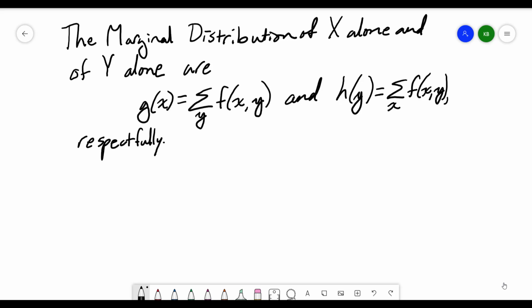So, if I want to know the marginal distribution of x alone, what I'm going to do is take the sum over all the possible y values, given that fixed x value, of my joint probability distribution, f of xy. And similarly, if I care about y alone, I'm going to fix a value y, and then I'm going to sum over all possible x values of my probability distribution with that y value fixed.